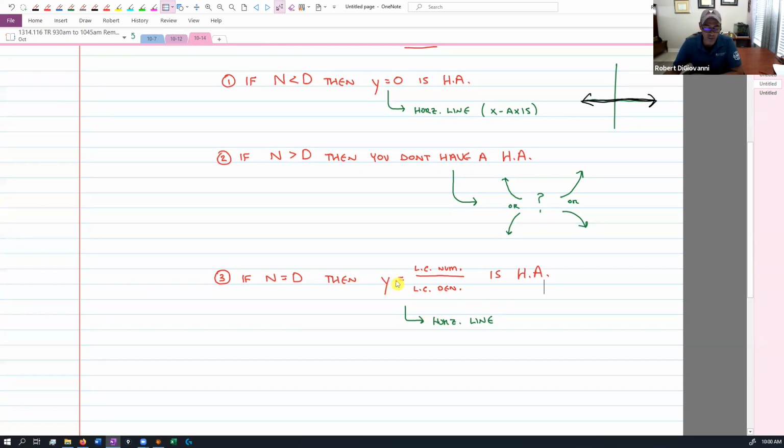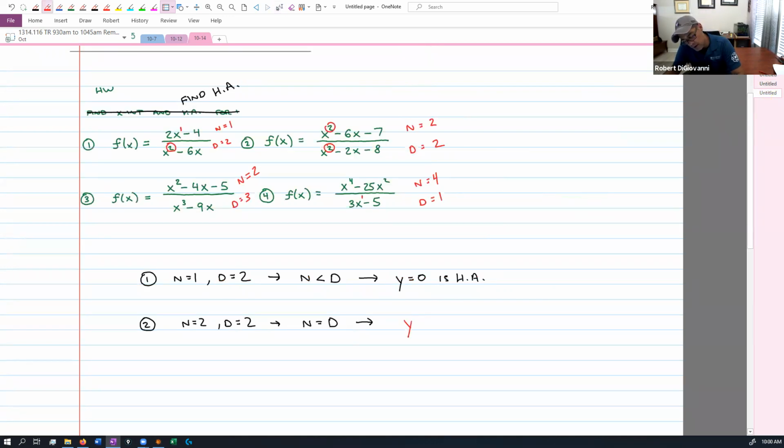It's going to be y equals the number in front of the highest power of x on the top divided by the number in front of the highest power of x on the bottom. Now, what is the number in front of the highest power of x on the top of number 2? 1. And what's the number in front of the highest power of x on the bottom? 1 also. So this will be 1 divided by 1, which is just 1.